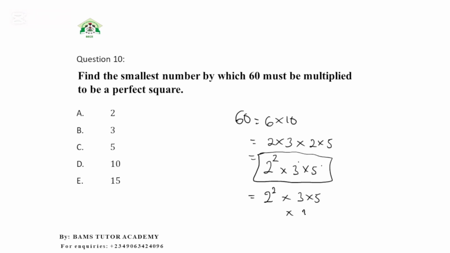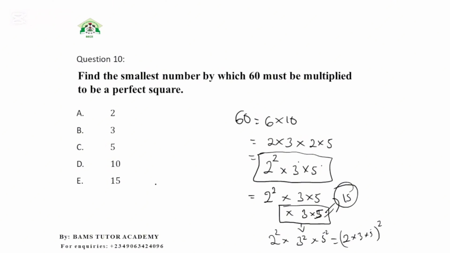There has to be another times 3 and times 5, so that this results in 3 squared and 5 squared with the initial 2 squared that we had before. So we can now have 2 times 3 times 5 all squared, which is a perfect square. So what did I have to multiply to arrive at this? 3 times 5, right? And what is that number? 3 times 5 is 15. So 15 is the number I should multiply by 60 to give me a perfect square.